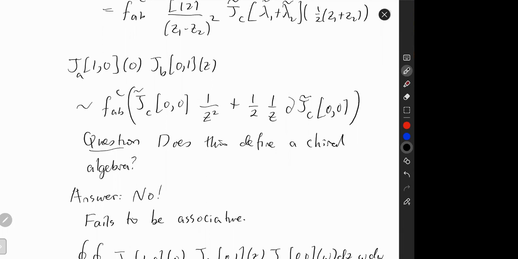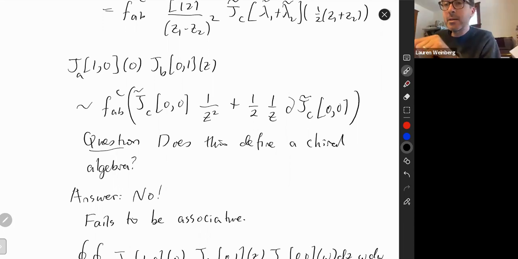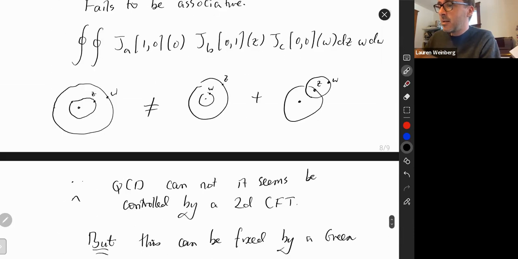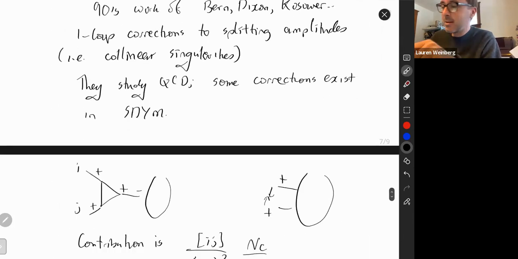Hello, I had a question. When does this thing become better in supersymmetric Yang-Mills theories? Yes, absolutely, good question. For supersymmetric Yang-Mills theory, annoyingly, this correction vanishes, because in this diagram you have a gauge loop and a fermion loop, and they cancel.